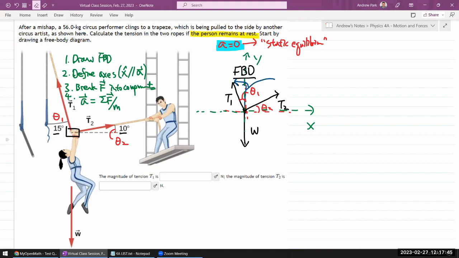The Y component is the adjacent side, so it should be the hypotenuse times cosine theta 1. And my x component is the opposite side to the angle, so it should be T1 sine theta 1. Just remembering the mnemonic SOH CAH TOA: sine of angle is opposite over hypotenuse, and solving it for the opposite side, I get this.